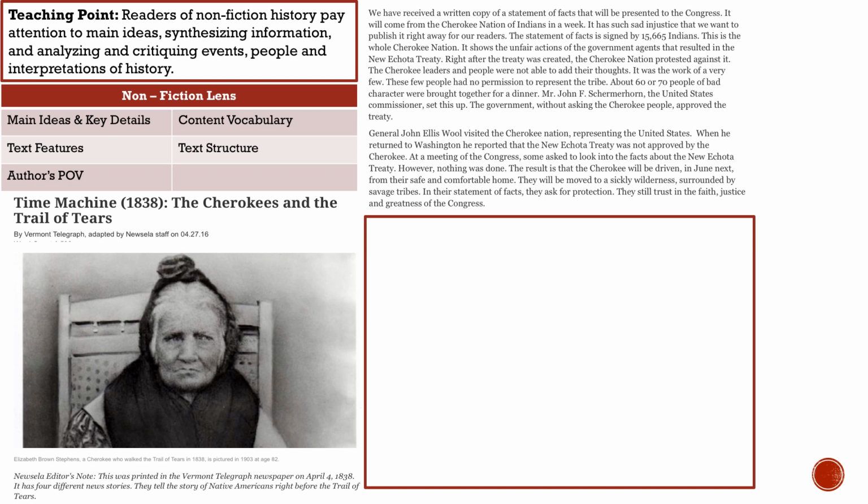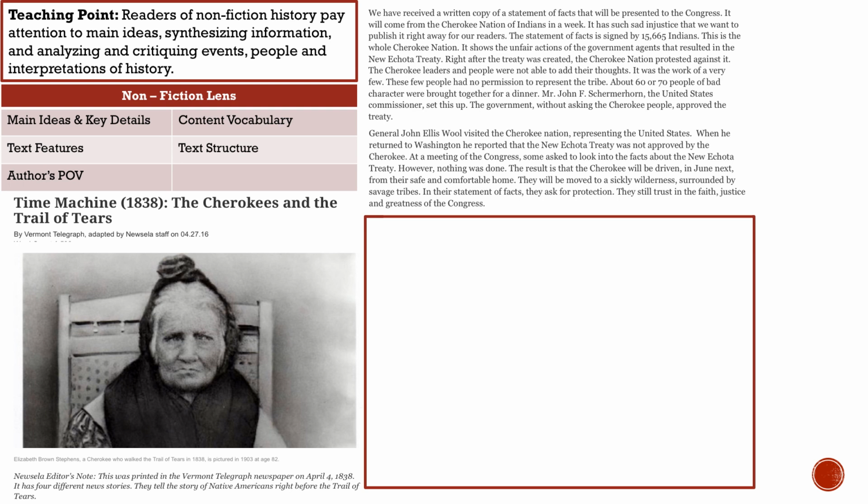About 60 or 70 people of bad character were brought together for a dinner. Mr. John F. Schermerhorn, the United States Commissioner, set this up. The government, without asking the Cherokee people, approved the treaty. General John Ellis Wool visited the Cherokee Nation, representing the United States. When he returned to Washington, he reported that the New Echota Treaty was not approved by the Cherokee.